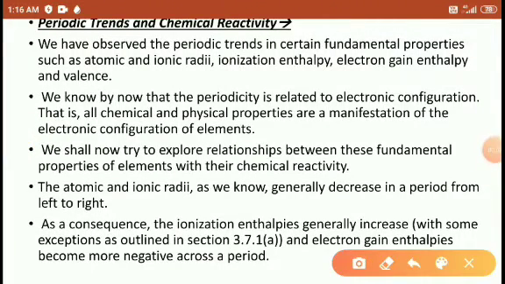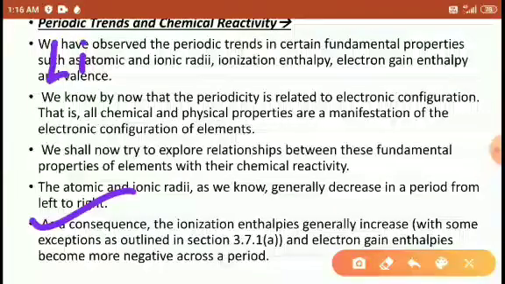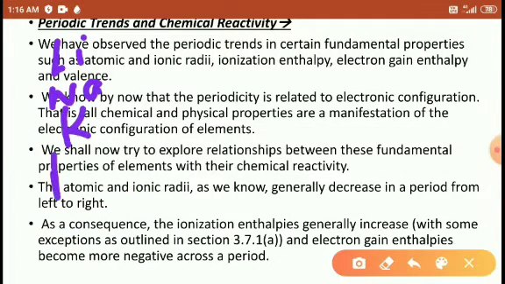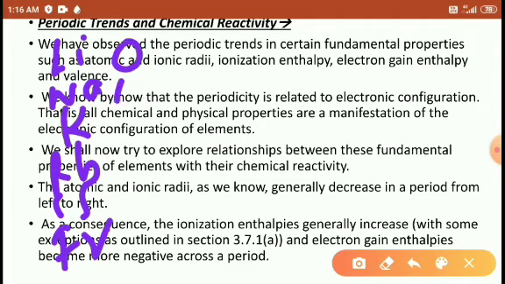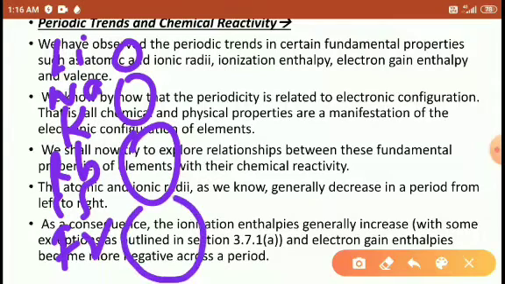So in the previous topics we have discussed ionization enthalpy, the amount of energy required to remove an electron. Right, friends. When we move top to bottom, lithium, sodium, potassium, rubidium, cesium, francium, the atomic number increases, and the atomic size increases. Small atomic size means strong force of attraction between the electron and nucleus.